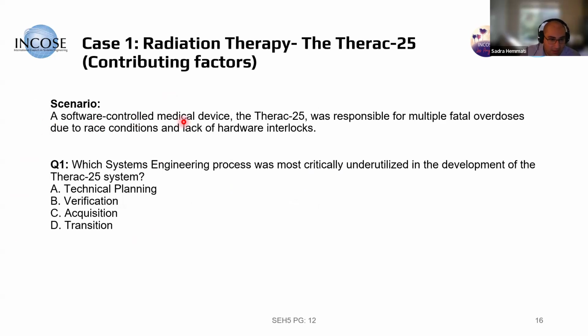A software-controlled medical device, the Therac 25, was responsible for multiple fatal overdoses due to race conditions and lack of hardware interlocks. Okay, this is just a brief nugget of what we talked about in that case study. The question is, which SC process was most critically underutilized in the development of the system?